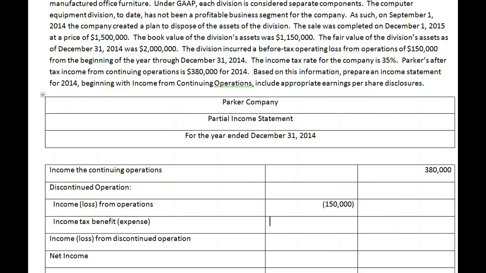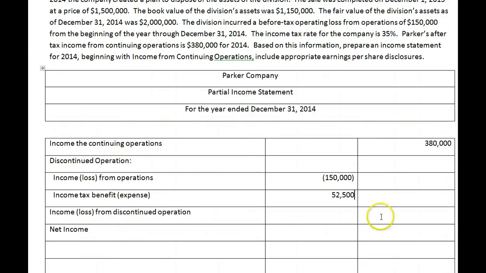And again, it's still a loss, so it's going to be a tax benefit. You take the 150 times the 35%, we get 52.5 in tax benefit, which brings our actual income or loss from our discontinued segment to $97,500. Okay, and our net income then would be $282,500.